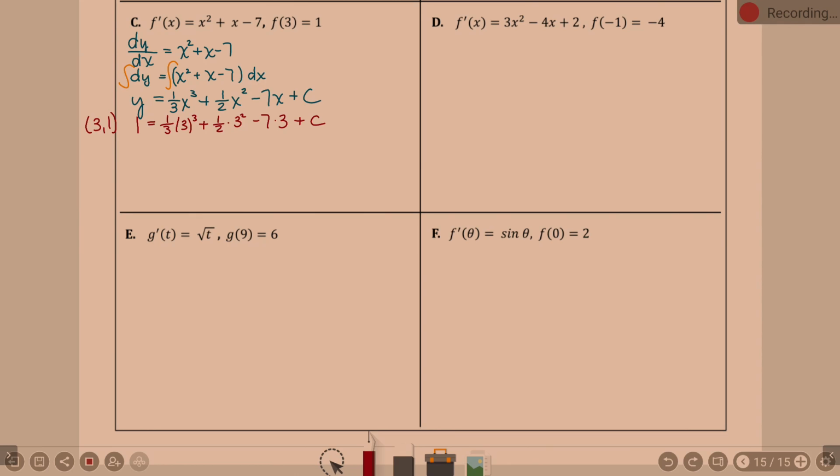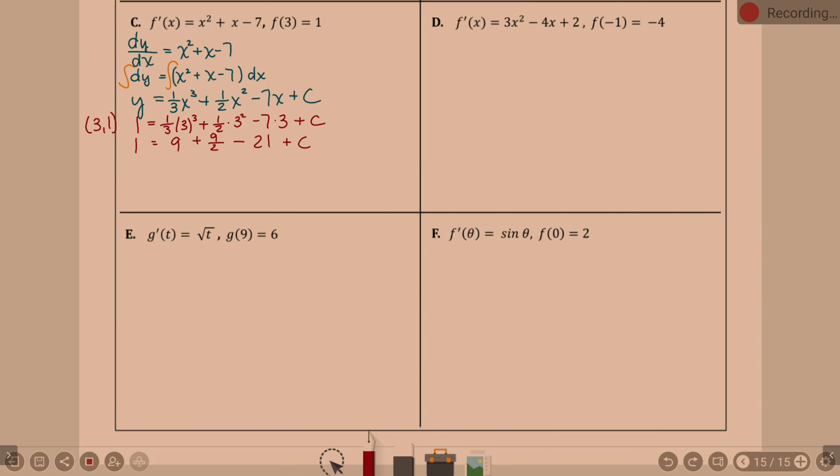This is where I said the challenge is to not dig for the calculator, right? Okay, so I got 1. 3 cubed, 27. Divide by the 3, 9. 3 squared, 9. Divide by the 2, 9/2. Minus 21 plus c. Somehow or another, you got to do the math here. You could go all halves, or you could make that 9/2 4.5 and think that way.